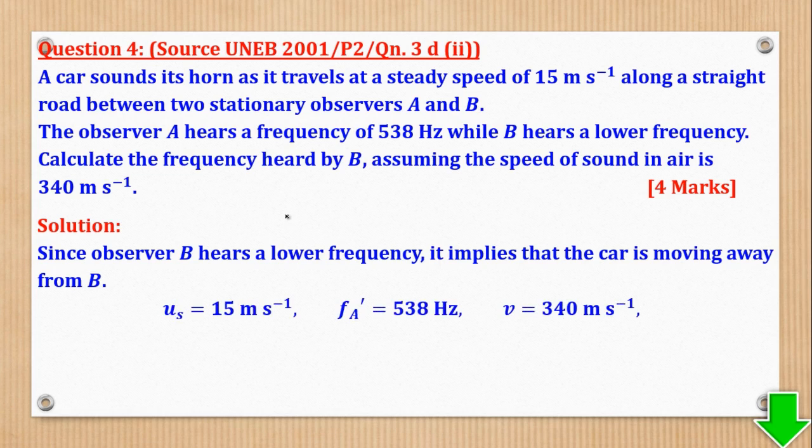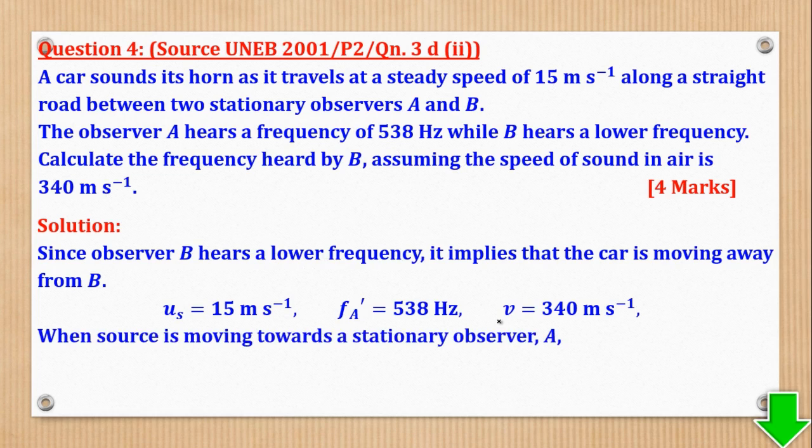So this is what we have. We have Us 15, we have Fa prime, and we have V, speed of sound in air. So when the source is moving towards the stationary observer, it implies that F prime is equal to maximum numerator, minimum denominator. That's why there is a minus.